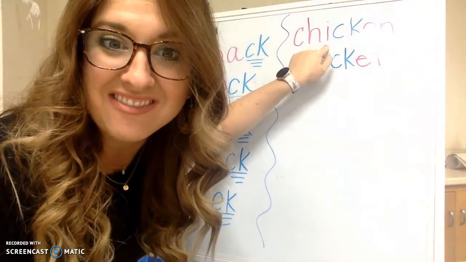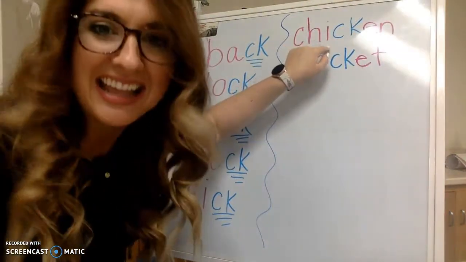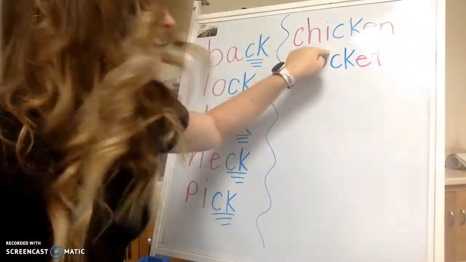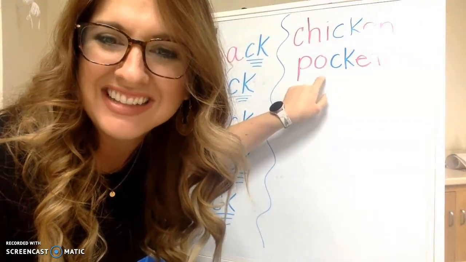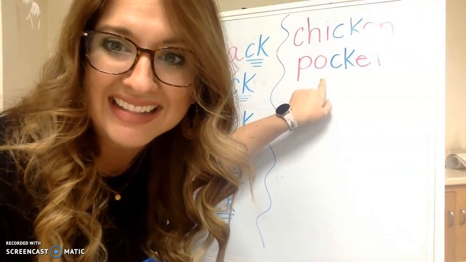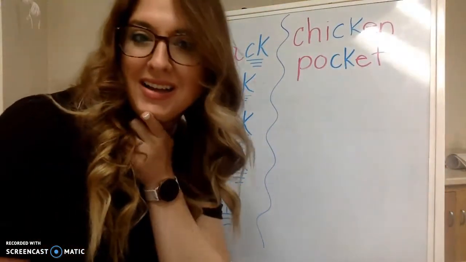Look, there's a vowel in chicken right before the digraph, the vowel I. There's another vowel in front of the digraph in pocket. I'm sensing a theme here. I am noticing that there's a vowel before each of the digraphs.